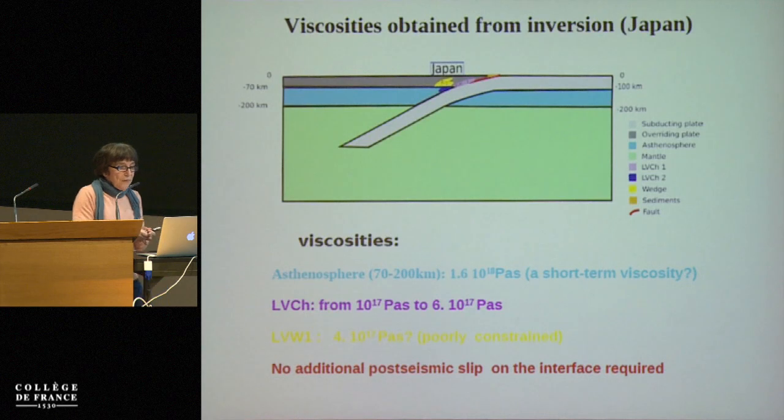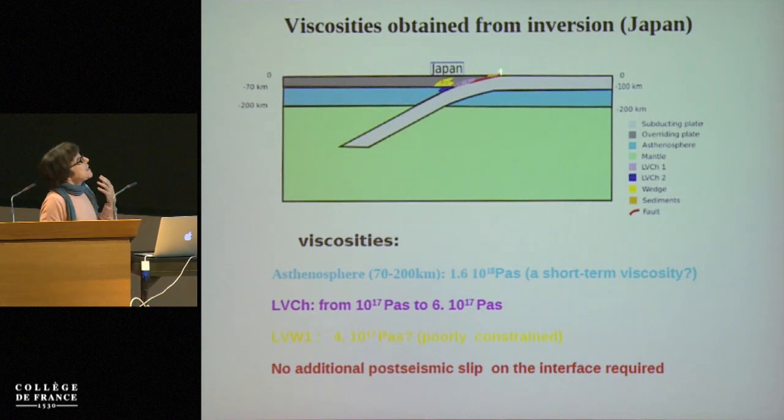And for example, this is the inversion that we did, in fact, for Japan. We took a simple model where we inverted for viscosity here in the asthenosphere in blue, and then we have a pink area here that we will name the low viscosity channel. We can try to have it going further down in the mantle, because this area there is perhaps an area with a lot of water that can be perhaps with a lower viscosity.